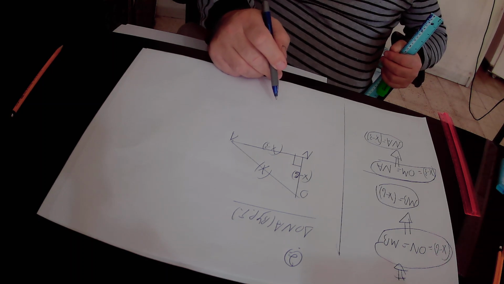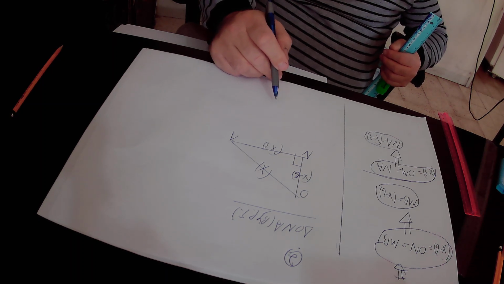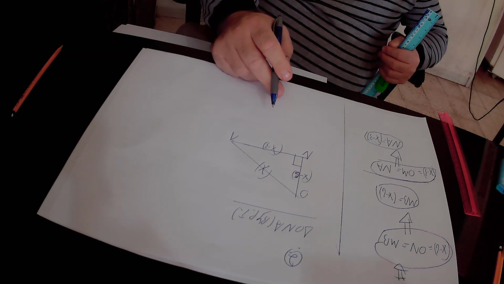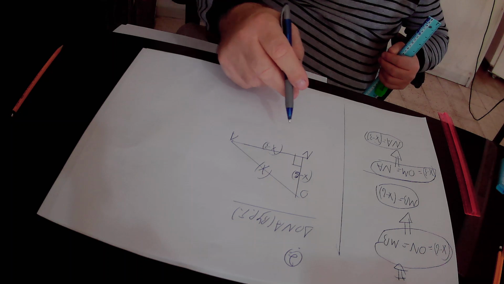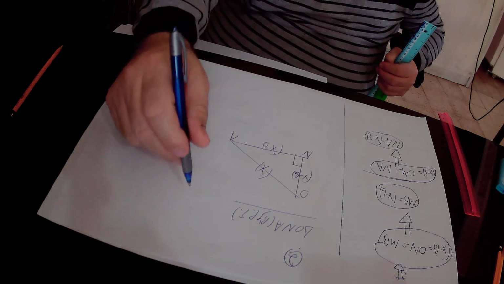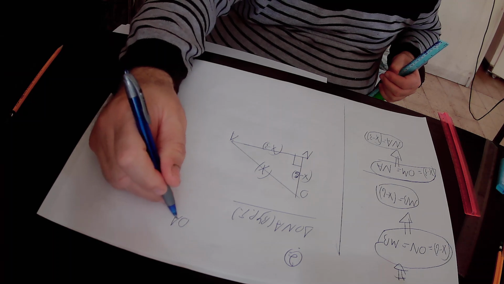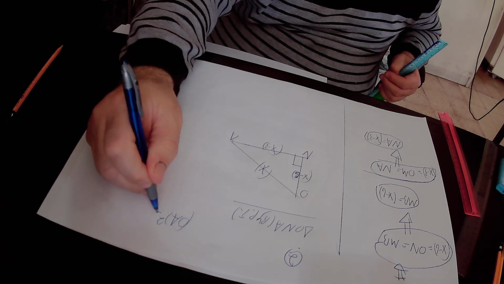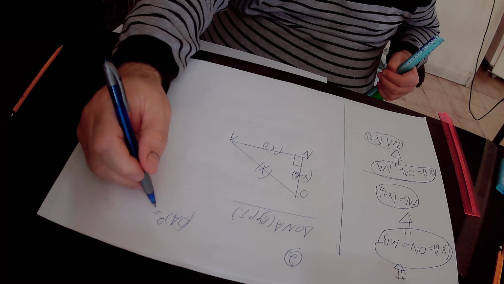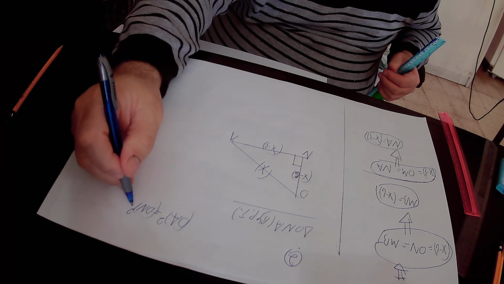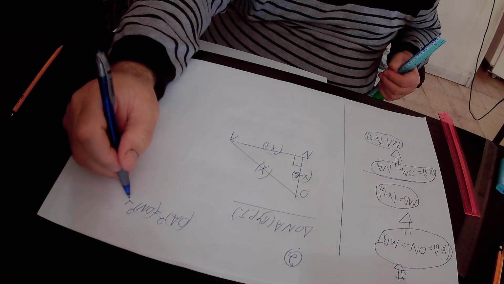According to the Pythagoras theorem, in the right triangle ONA, the square of the hypotenuse equals the sum of the squares of the perpendiculars. The hypotenuse is OA, so the square of the hypotenuse is OA squared, and it equals ON squared plus NA squared.